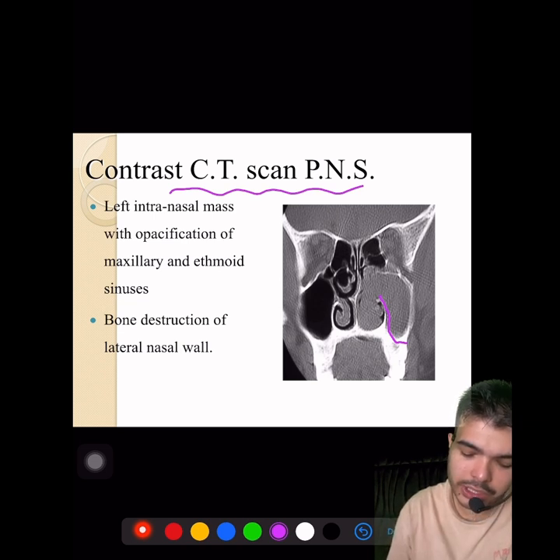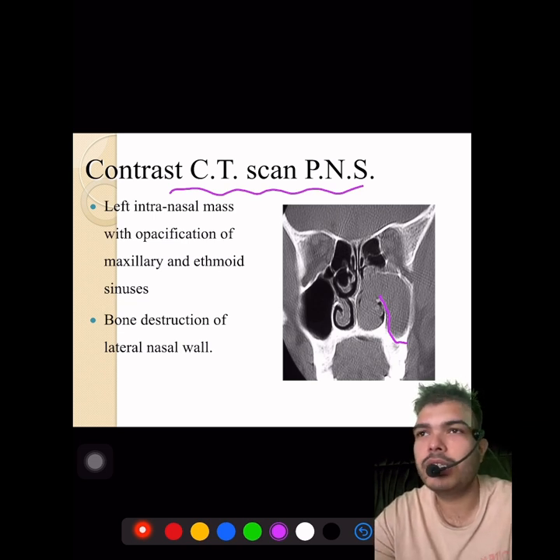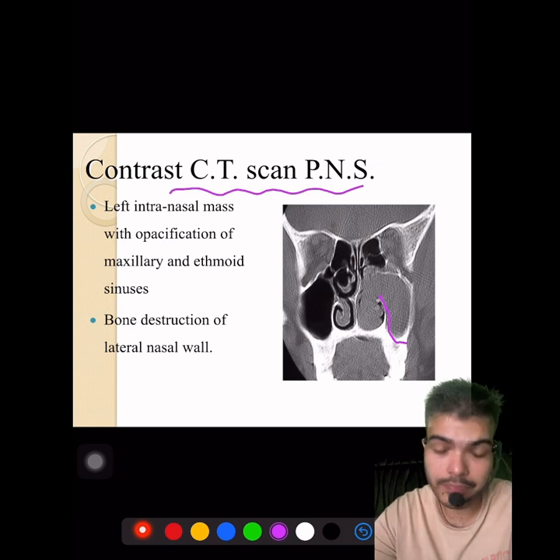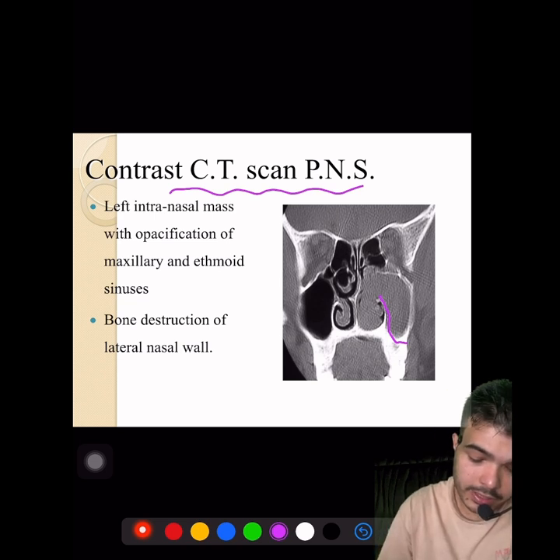For bone appreciation, we go for a CT scan. For cartilage, joint, tendon, ligaments, we go for an MRI. So bone destruction: CT scan, and medial maxillectomy with en-bloc ethmoidectomy. Punch biopsy: can you see this epithelium? It has grown over here like this, and then it has gone inside.